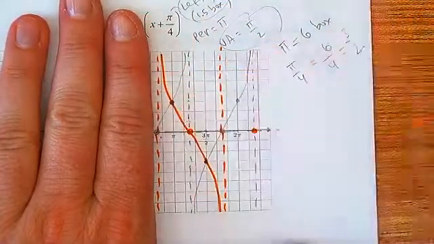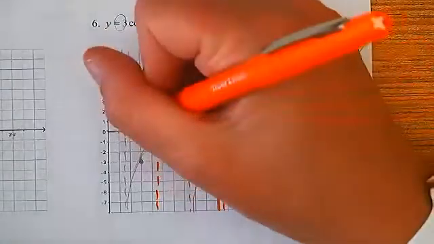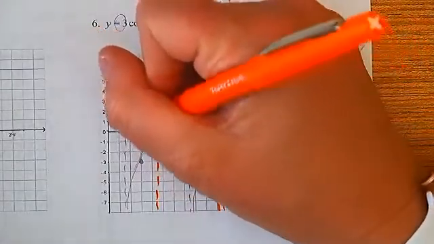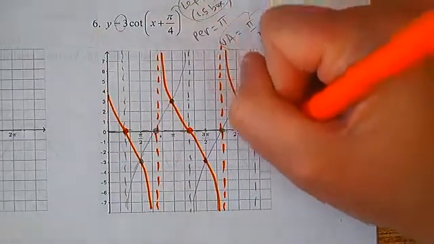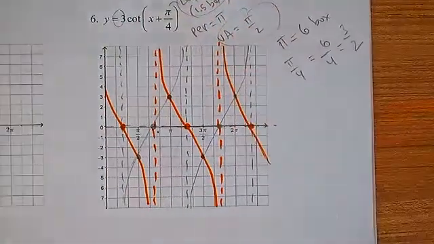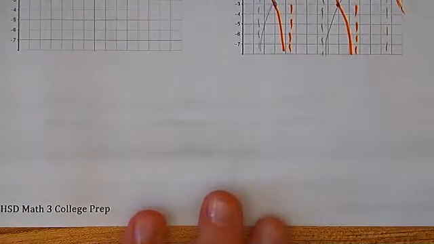So if you just did that one, very nice. You also could have done this guy and that guy. Cool. All right, so that is tan and cotan, guys.